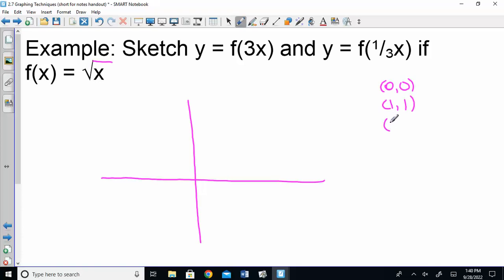What else? 4, 2. If you wanted, you could go up to 9, 3. You have to have a minimum of 3. That's my parent function.